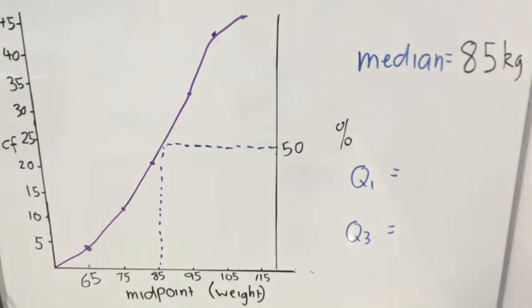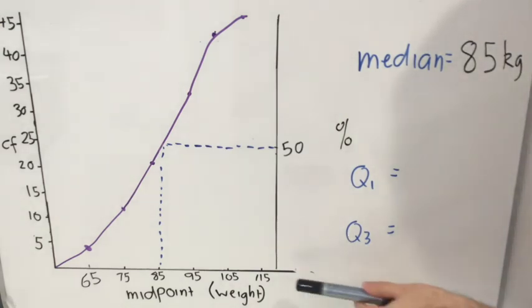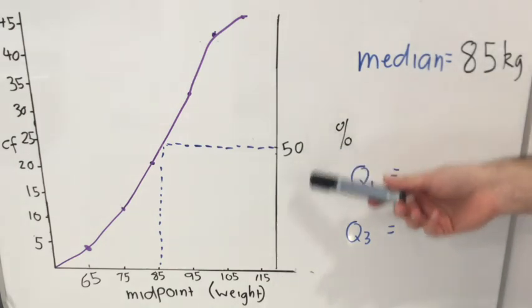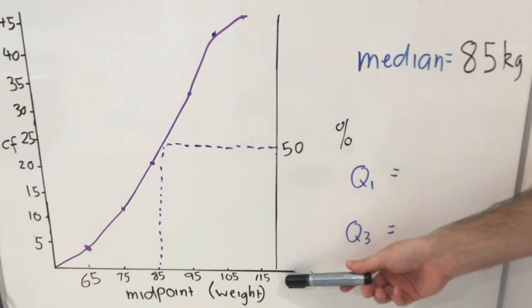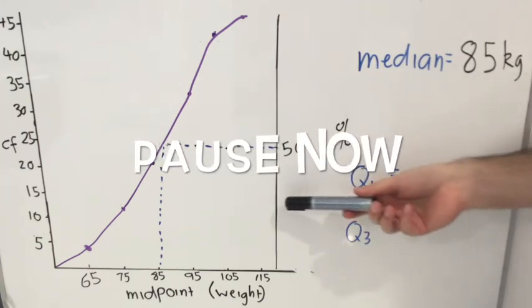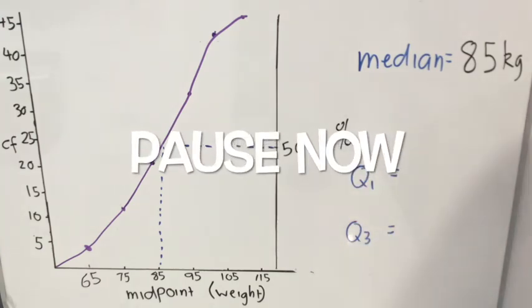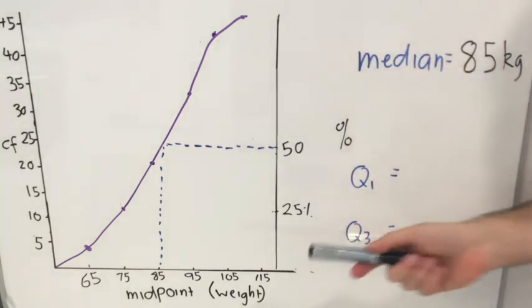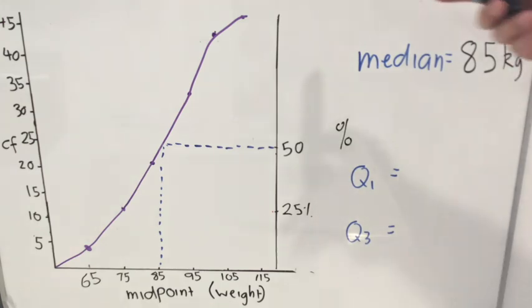Q1 is halfway between the start, or the lowest, and the median. So think about what percentage is halfway between 0 and 50 and mark it here. Do that now. So the Q1 is always at 25%, always. So whenever you see Q1, you know that you're looking for 25% on this line.